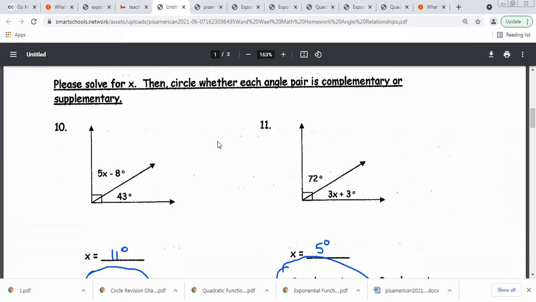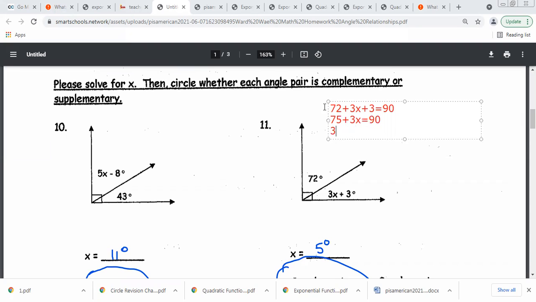If we go to the second part, we have a right angle triangle, which means we can add 72 plus 3x plus 3. This is equal to 90 because they are complementary angles. Then we have 75 plus 3x equal 90 degrees.